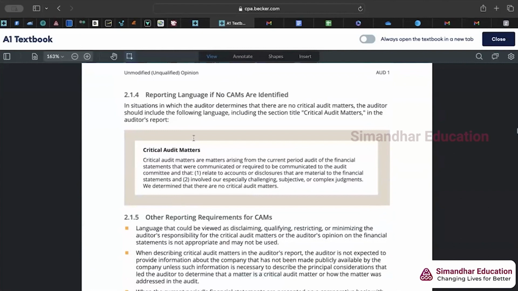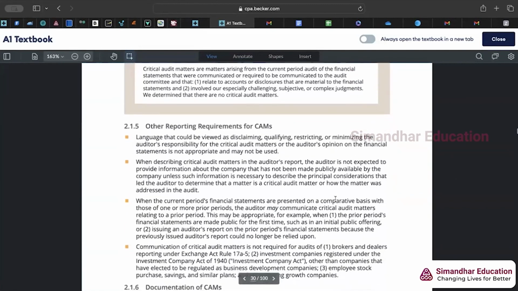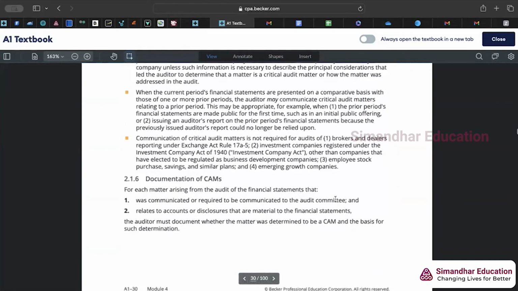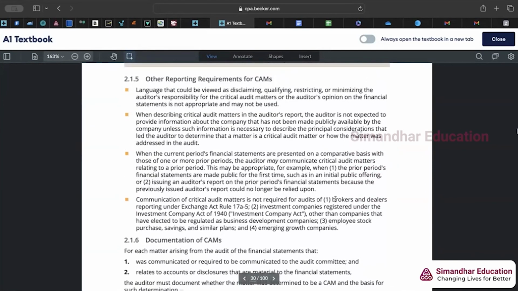If there are no critical audit matters determined during the audit, the auditor will put in the language that there are no matters during the current period that were significant enough to be critical audit matters. Documentation is the same.